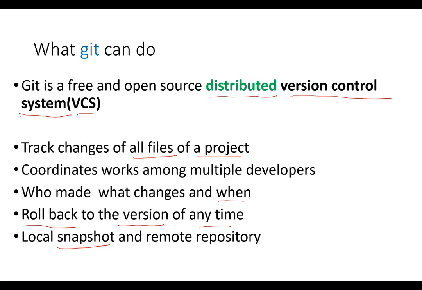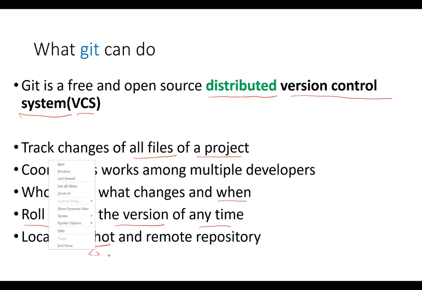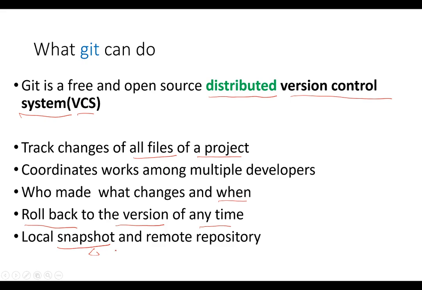When you do some work on your local snapshot or repository, you can push your local repository to the remote repository, and at any time you can pull the latest repository from the remote repository to your local repository.